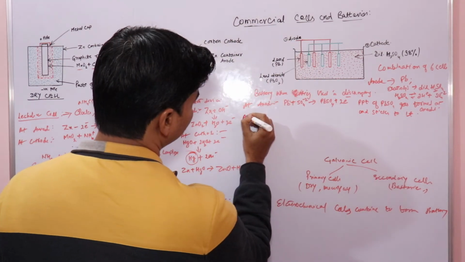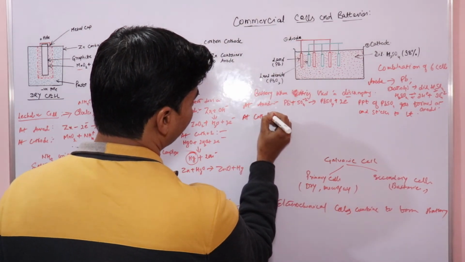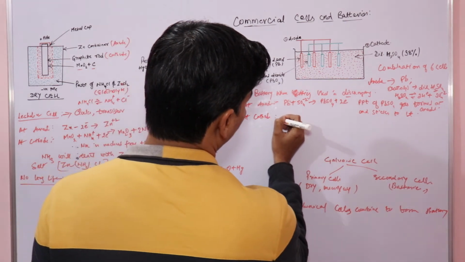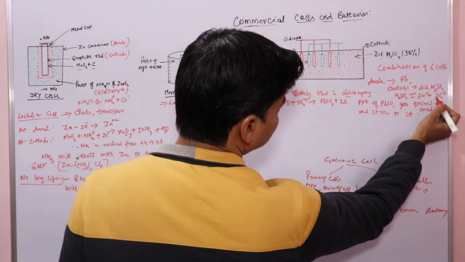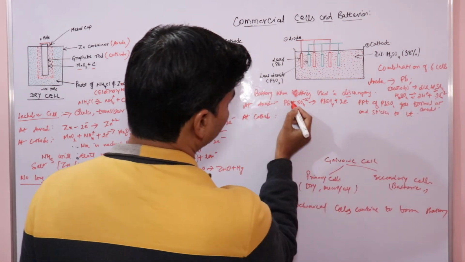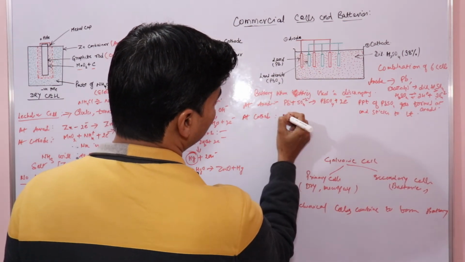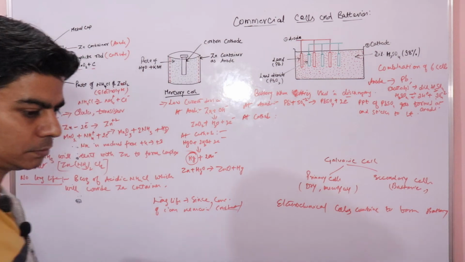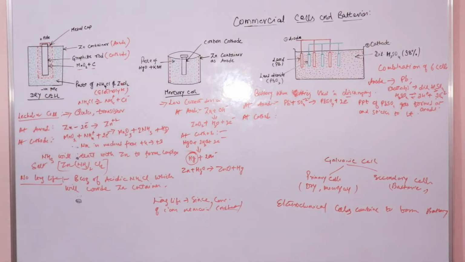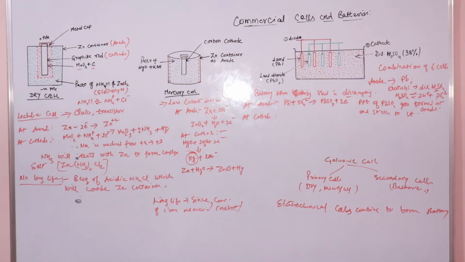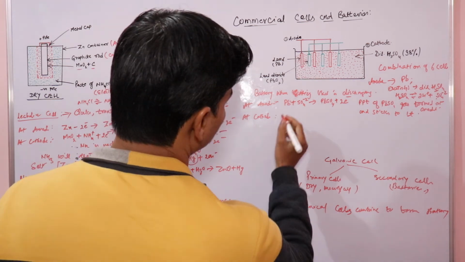Now let's see what happens at the cathode. Hydrogen ions and sulfate ions from the electrolyte will combine with PbO2 to form lead sulfate and water.